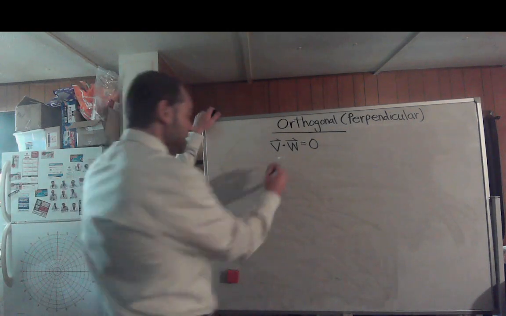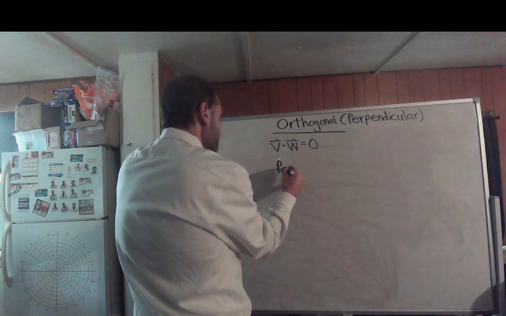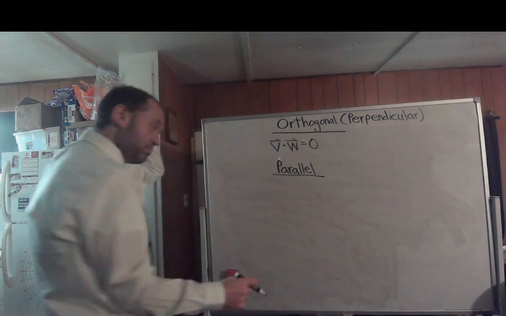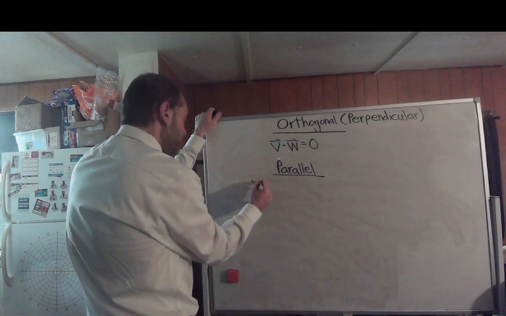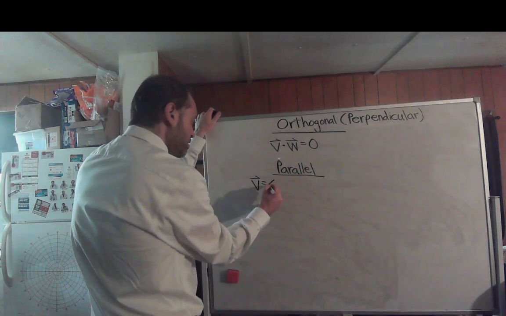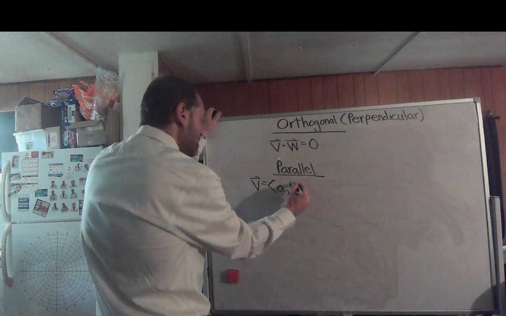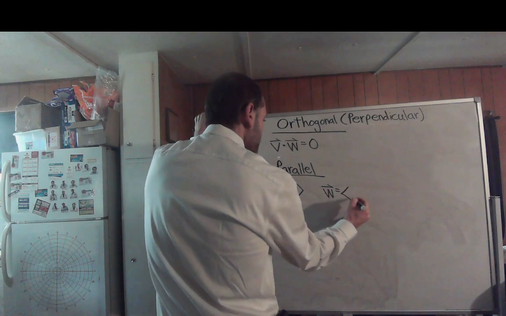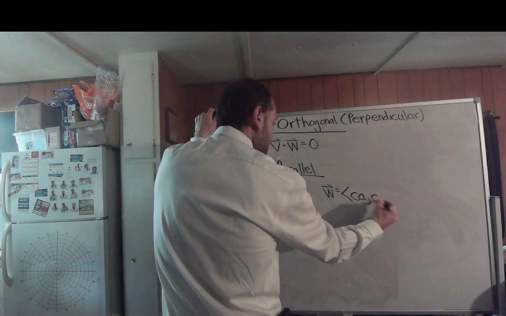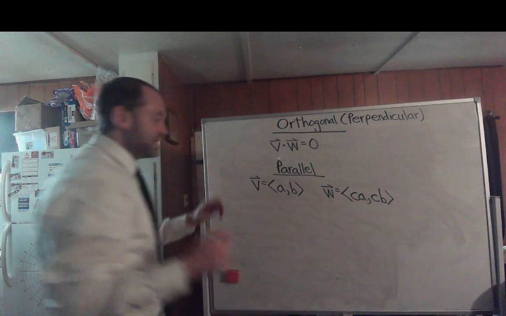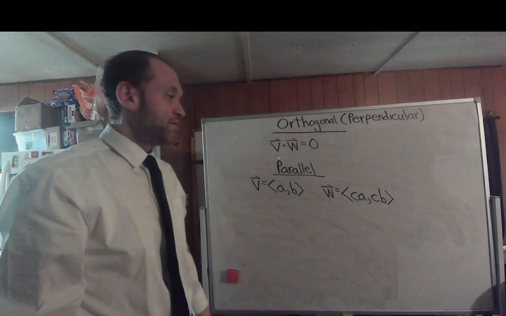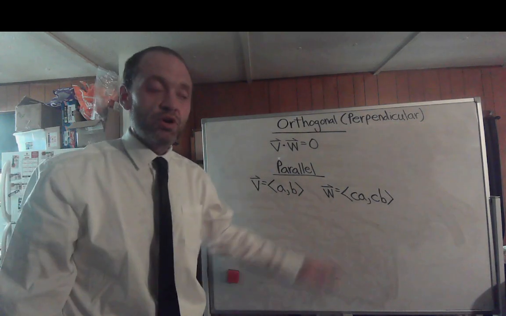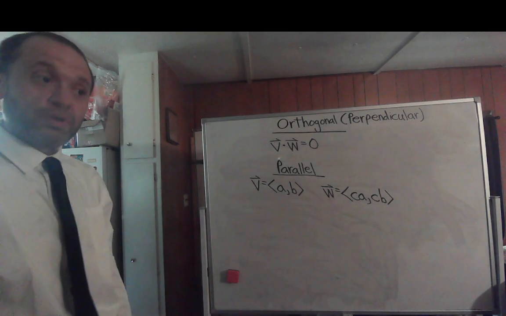Now, what about parallel vectors? So, let's say you have some vector v that has components a and b. And then you have some vector w that has components ca and cb. The idea is that if two vectors are scalar multiples of each other, but they have the same components on the inside, then they're parallel.